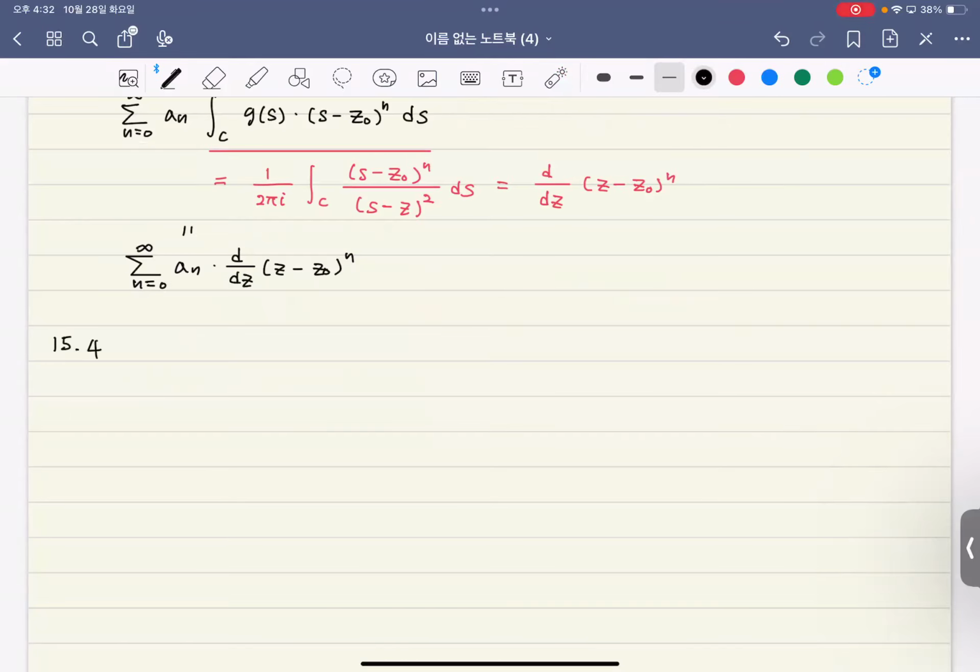Turning to the next section. Now we are on the Taylor and the Maclaurin series.